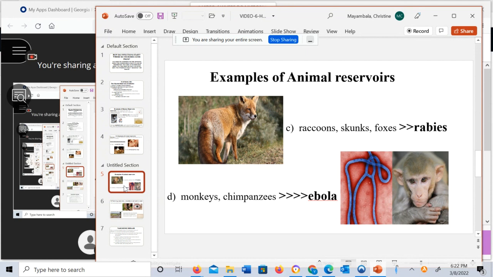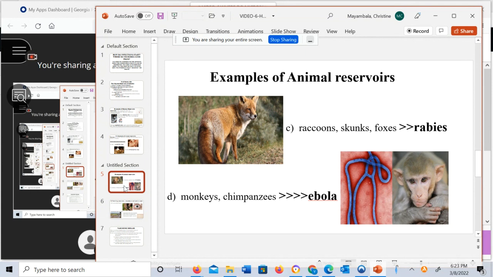Another big animal reservoir, of course, are wildlife like monkeys, chimpanzees, even bats. That is where you could find other viruses like the Ebola virus. Now, even though these are wild animals, you can think of them as potentially being passed on to humans through development.